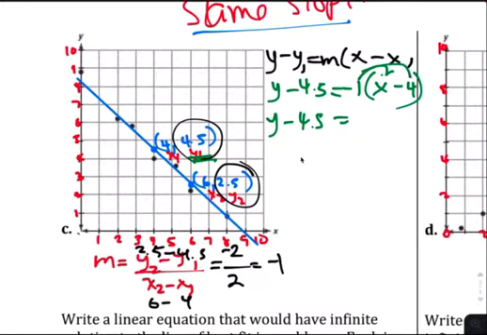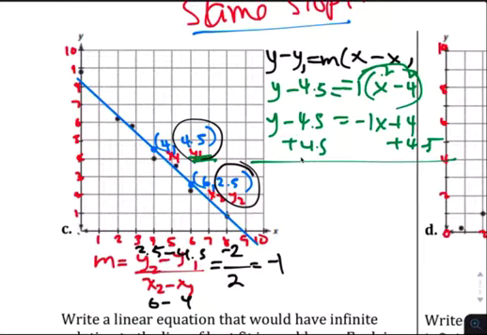Distribute, it's -1, right? So -1x plus 4. Get 8.5 as the y-intercept.